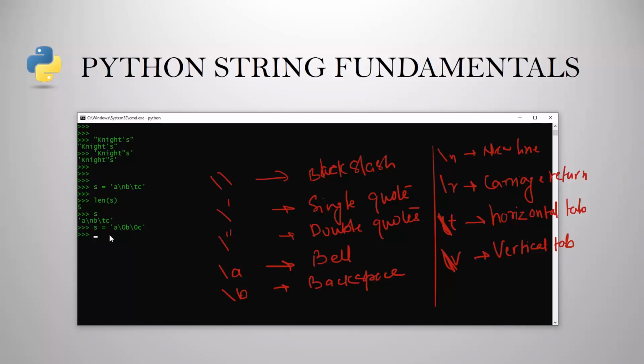If we print s, it will look like this. And if we check the length here, it shows 5 only. So using escape sequences, we can embed absolute binary values in the characters of a string.